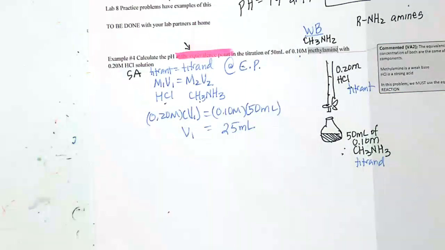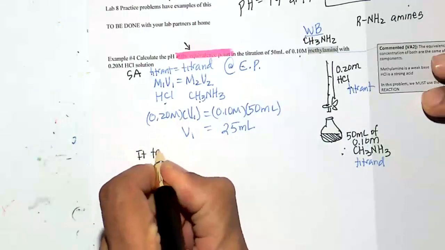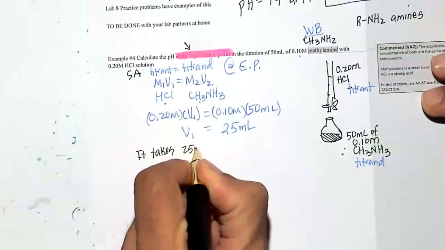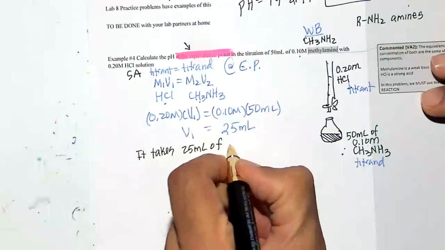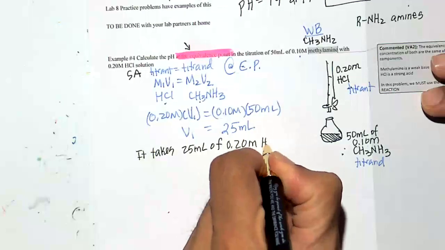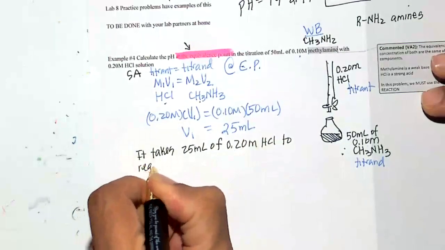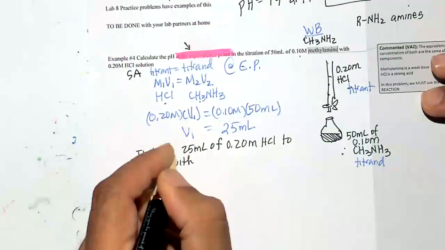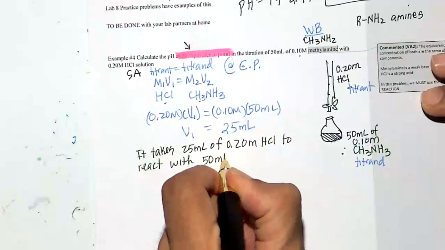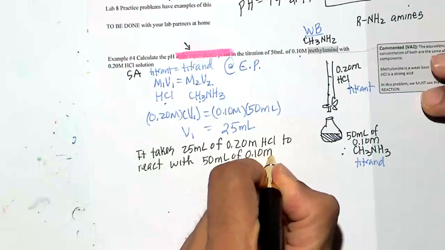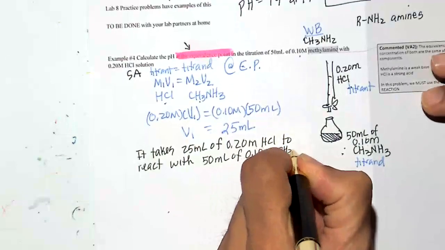So it takes 25 mL of 0.2 molar HCl to react with 50 mL of 0.1 molar methylamine.